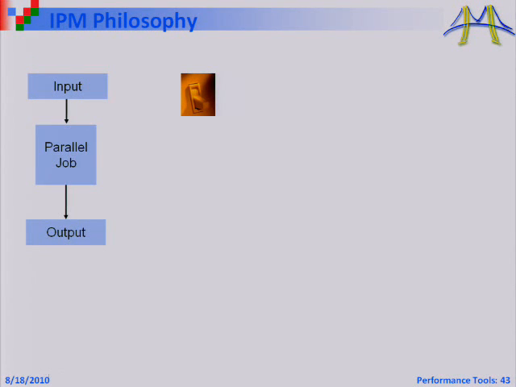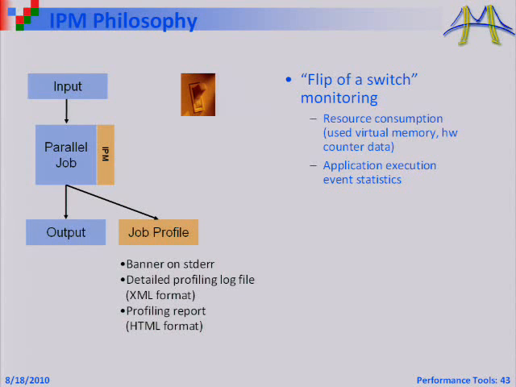So with IPM, what we'd like to do is that you just flip a switch to enable the monitoring. Usually you take your input, you have a parallel job, and you get the output, and this flip of the switch would allow you to link IPM to your parallel job, and in addition to your usual output, get out the job profile that tells you the most basic aspects of the program execution.